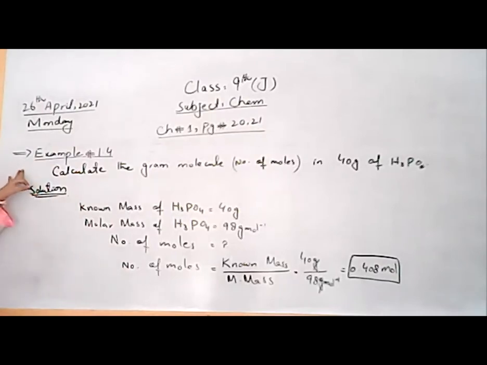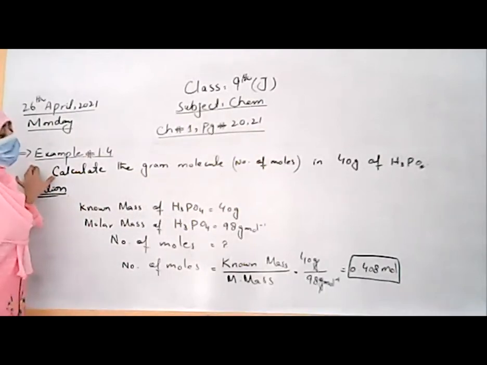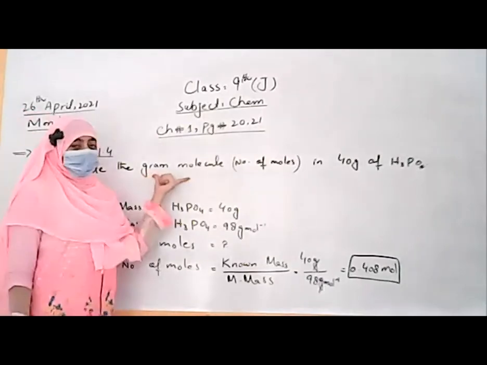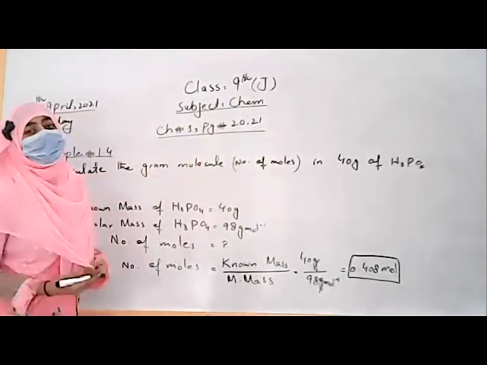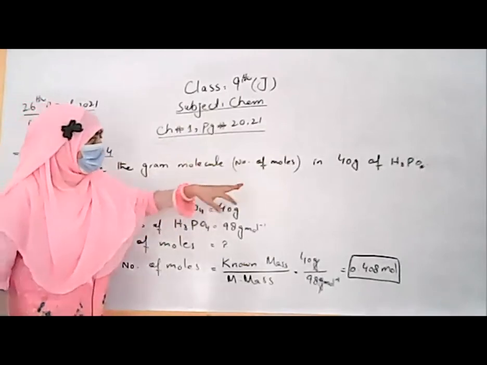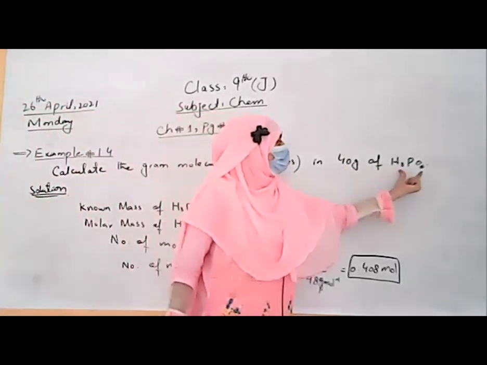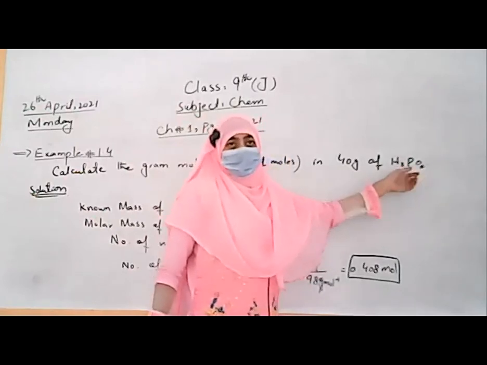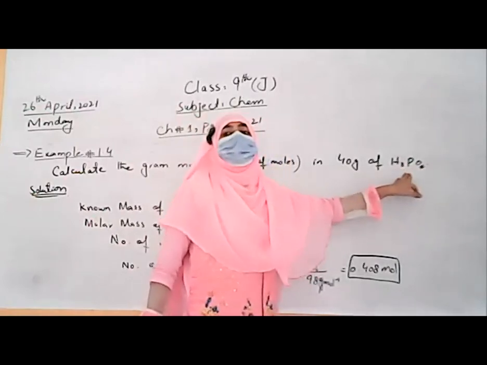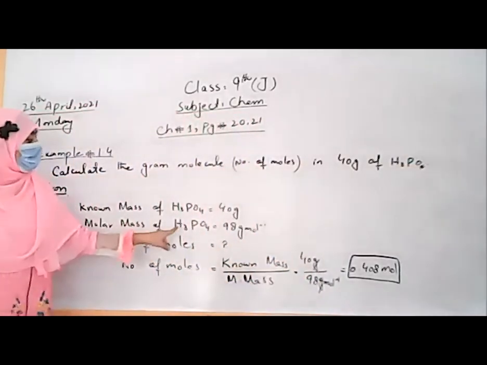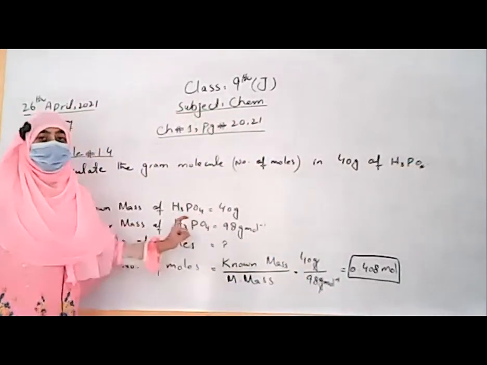Firstly, you have to read the statement of the numerical carefully. Calculate the gram molecule, that is the number of moles in 40 gram of H3PO4. 40 gram is the given mass, and by the sum of the atomic masses we find the molecular mass of H3PO4.